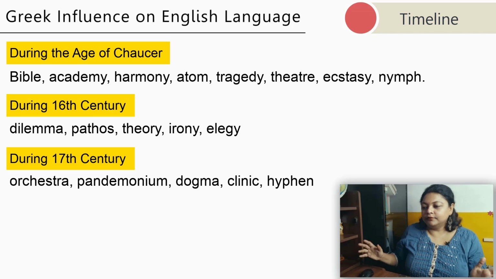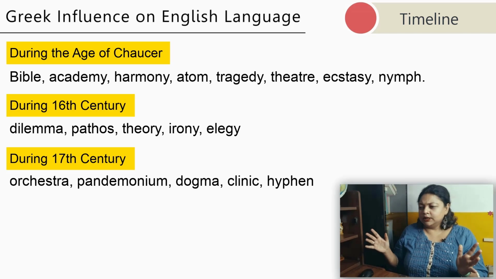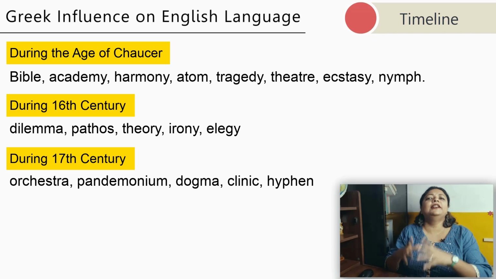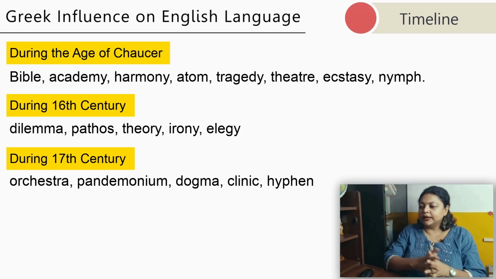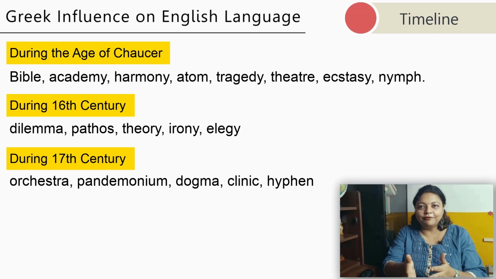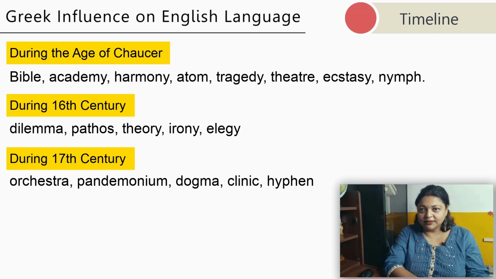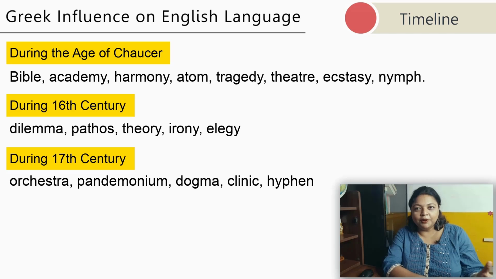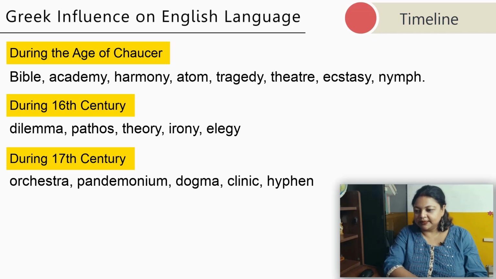We have a lot of such refashioning and adaptation, and we have words like orchestra, pandemonium. Pandemonium is modeled after the word pantheon. Pantheon is a Greek word, and pandemonium is like a mirror image of that word, only meaning the opposite, the home of the demons.